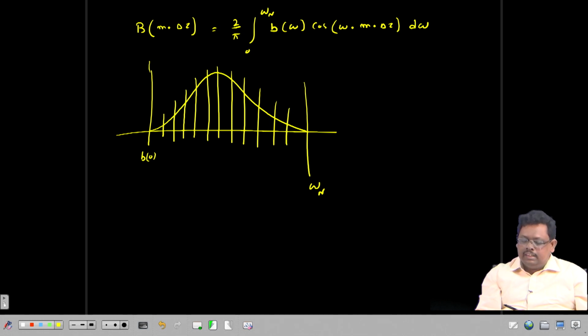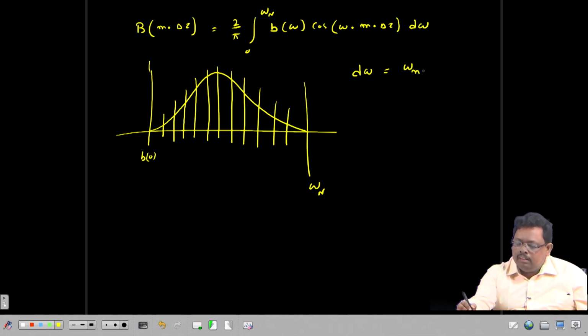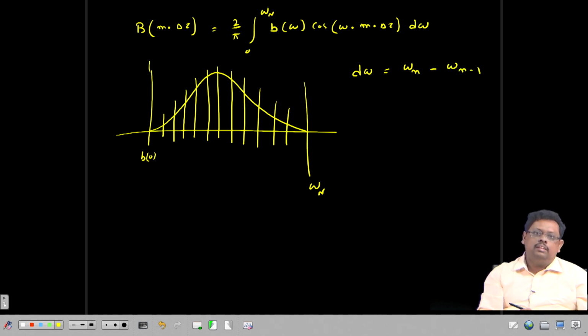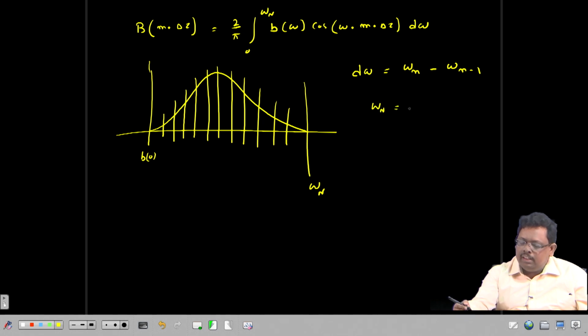Now, if you discretize with the equal interval, then we can define your d omega is equal to omega n minus omega n minus 1, that you can define. So, therefore, here you can write your omega n definitely some capital N multiplied by the d omega.